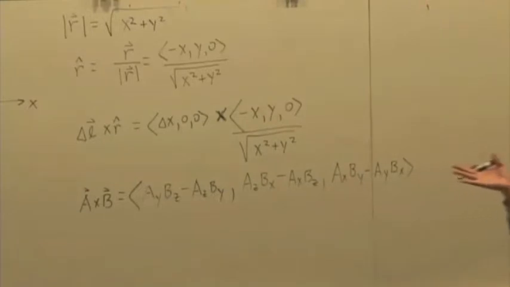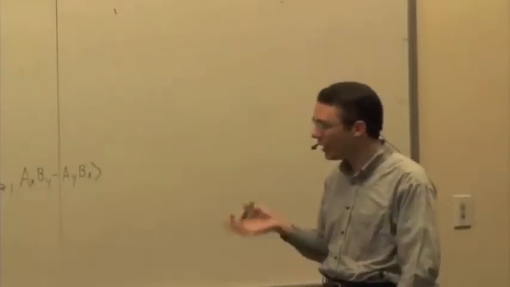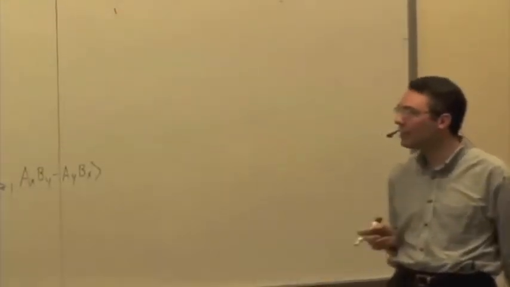How many people have seen that before? Okay, some of you have seen that before. You can get this from doing a determinant. Some of you may have seen a determinant method of doing a cross product in a calculus class, but it works out to be that.